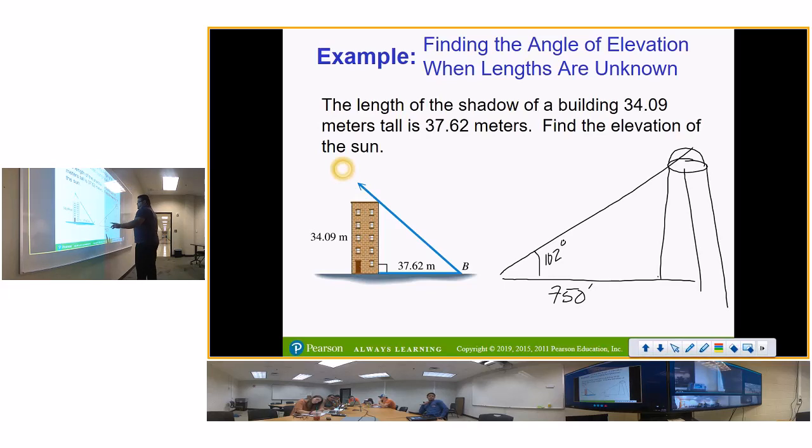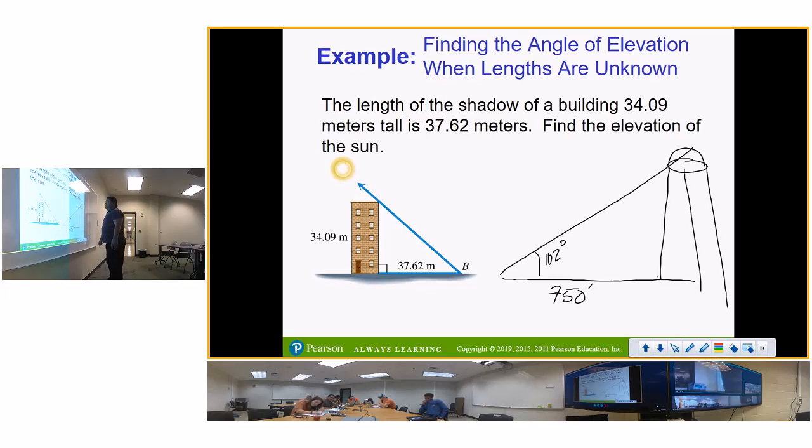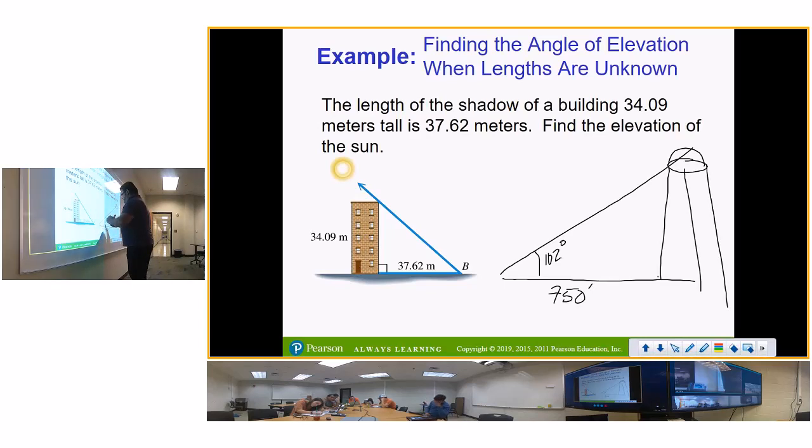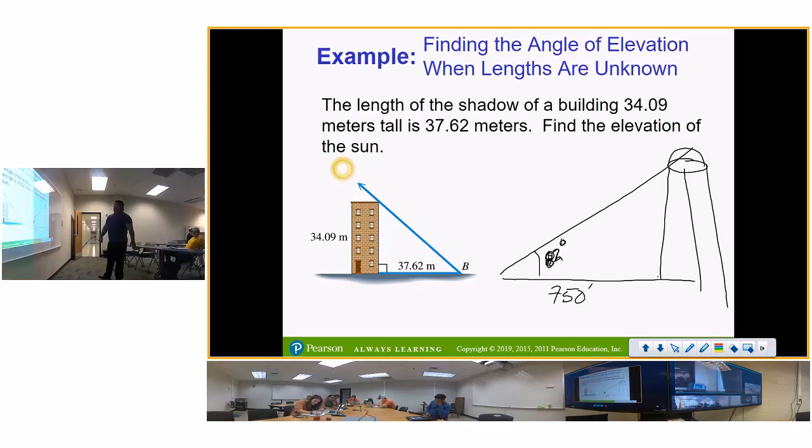That's been 20 years ago. No, it wasn't 102 degrees, because it has to be between 90, might have been 82 degrees. 82 degrees.